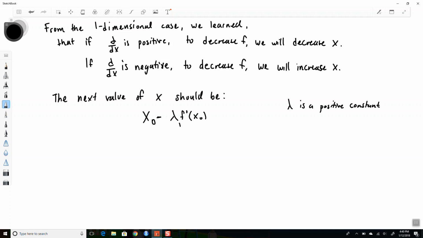Because this will determine the sign. So this will either be positive or negative, and if what we want to do is decrease, then we just move in the opposite of whatever this sign is, right? So if this thing is positive, then the next value of x should be smaller than our current value, and if this thing is negative, then the next value of x will be greater than our current value of x. So that's what we do. Does this make sense?